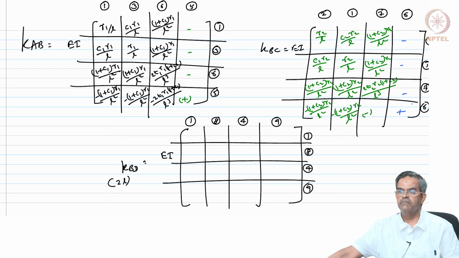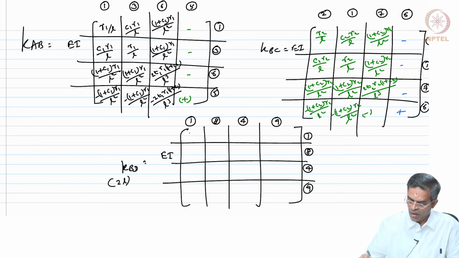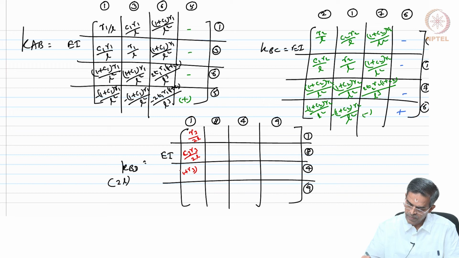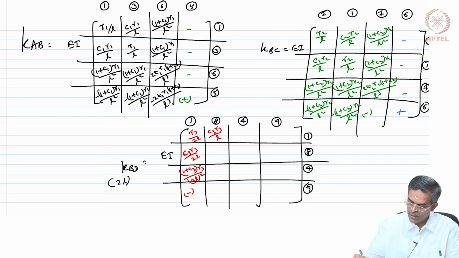Let us go to the member K3. So, it is going to be, I will do it here, R3 by 2L, 1 C3 R3 by 2L. So, 1 plus C3 R3 by 2L, the whole square and negative of this, C3 R3 by L, R3 by 2L.